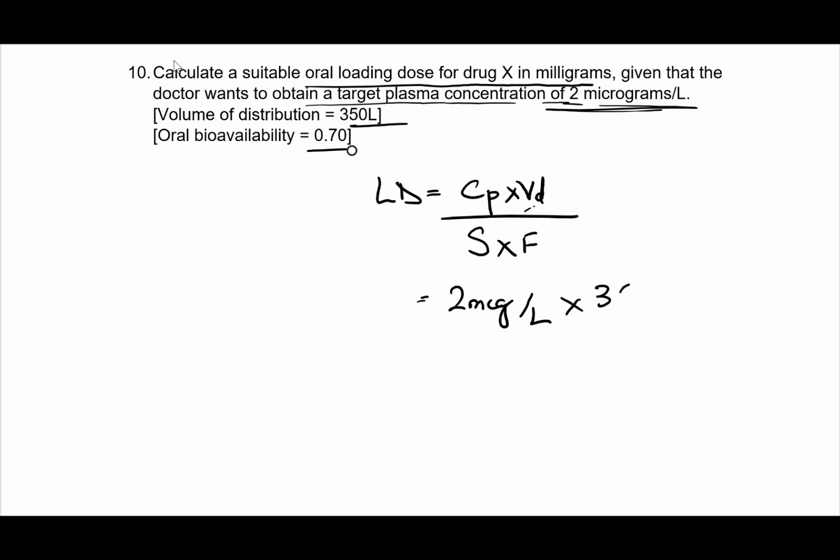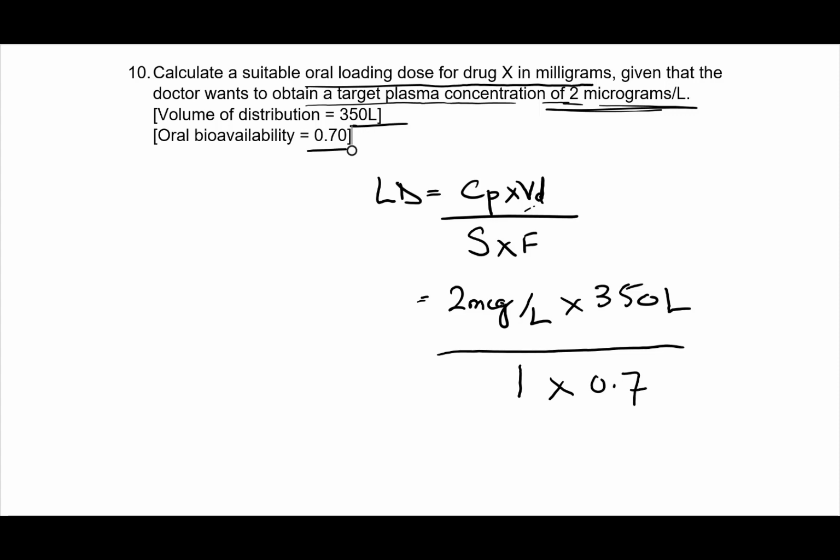It's 350 liters. As I said before, in the loading dose and also in the maintenance dose equation, we have to write the units for the plasma concentration because that's important. The salt factor is not given here, so we assume that it is 1, and bioavailability is given, which is 0.7.